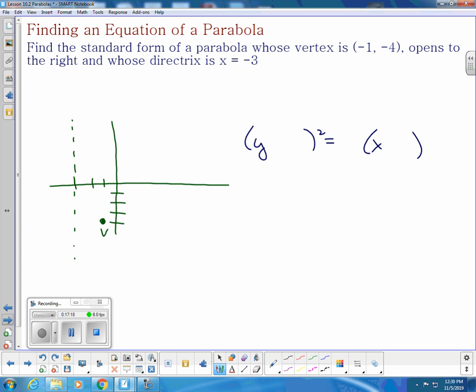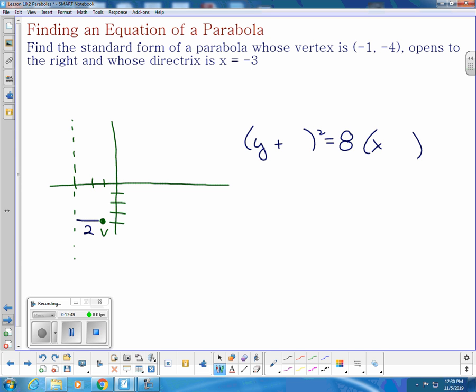My vertex was given to me, so put your vertex in, and then figure out what your little a, or your 4 times p, would be. So you have to figure out what your p is. P here is 2, so in the equation it's going to be 8.